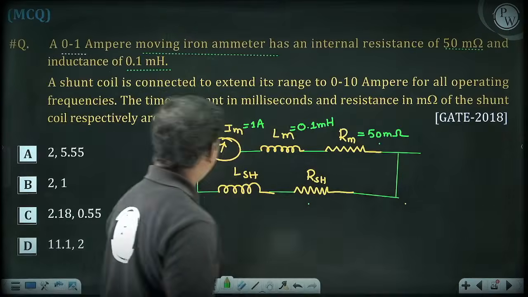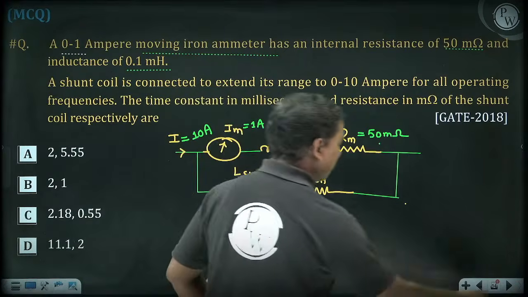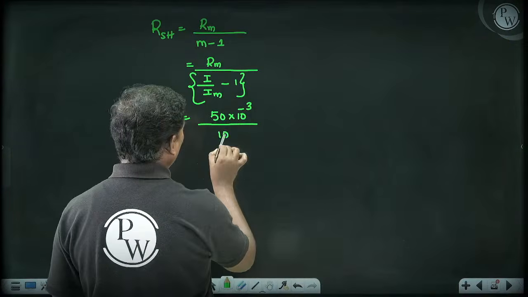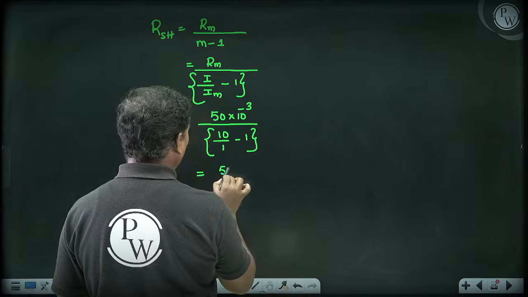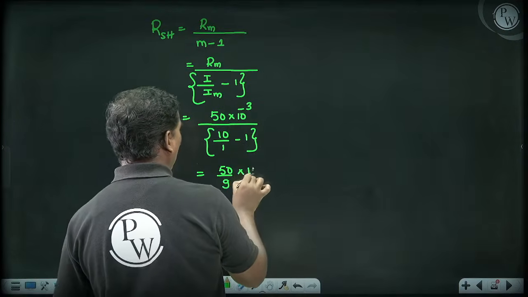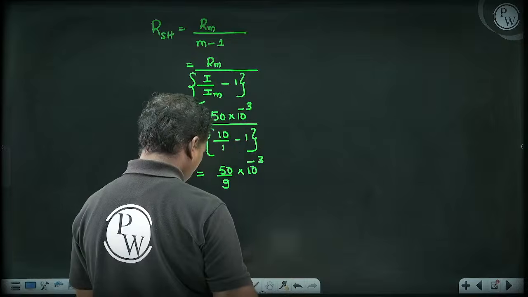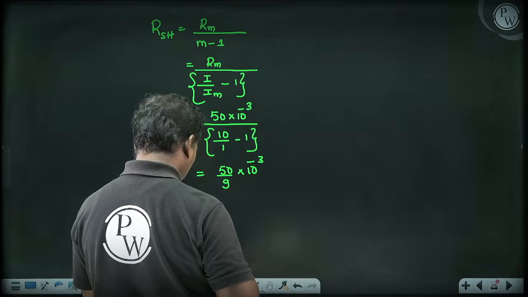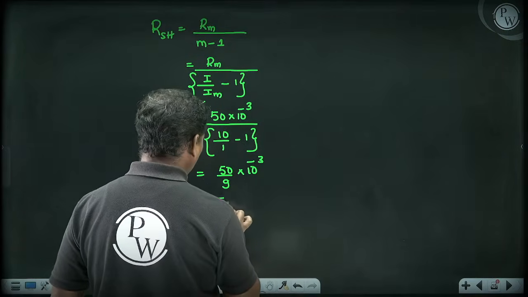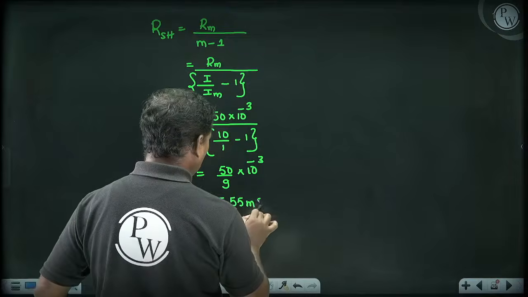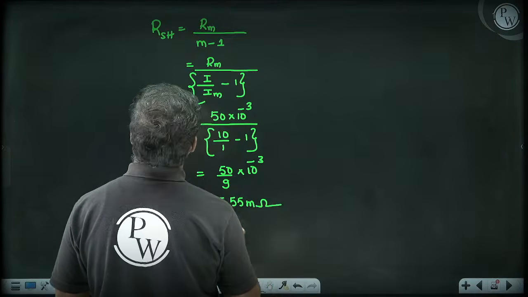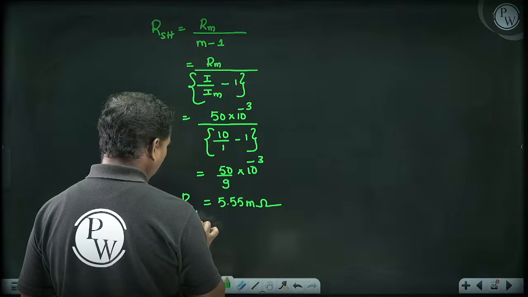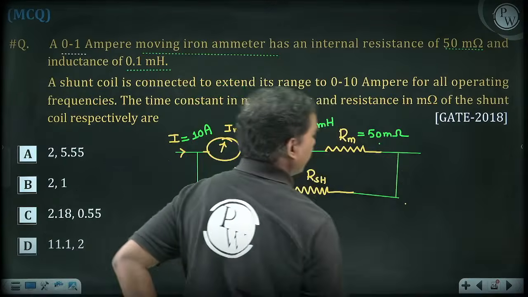And what is the capital I? That is 10 amperes. So this is 10 by 1 minus 1, that is 10 minus 1. So 50 by 9 into 10 power minus 3. It is coming as 5.55 milliohms. So this is the shunt resistance.